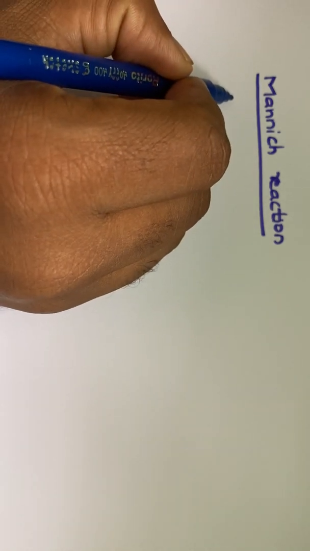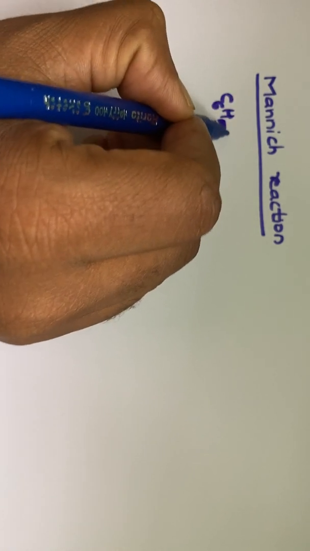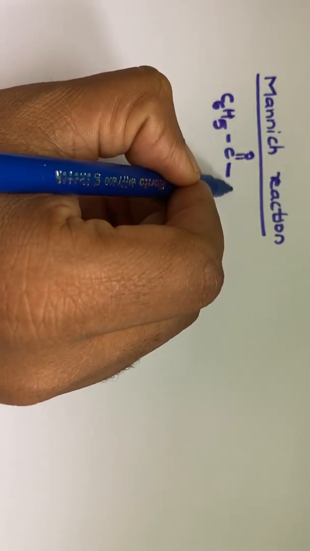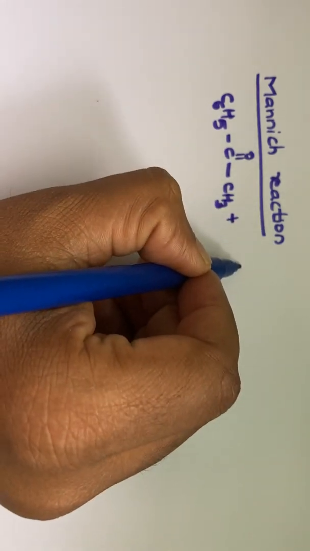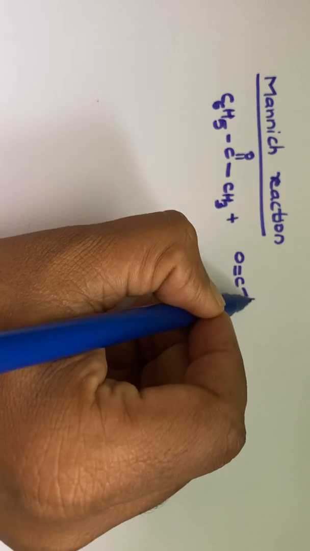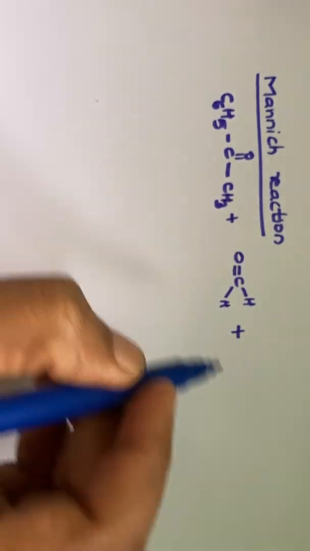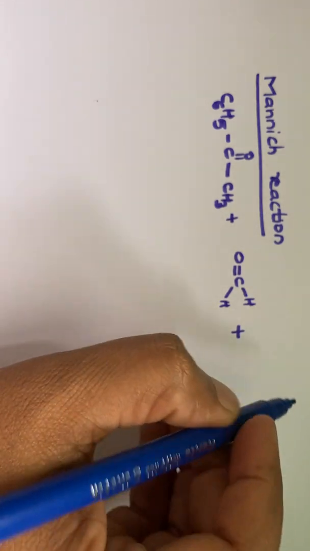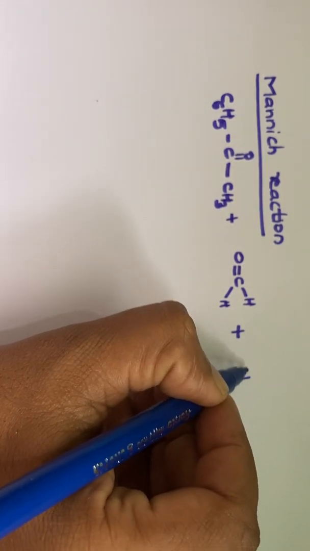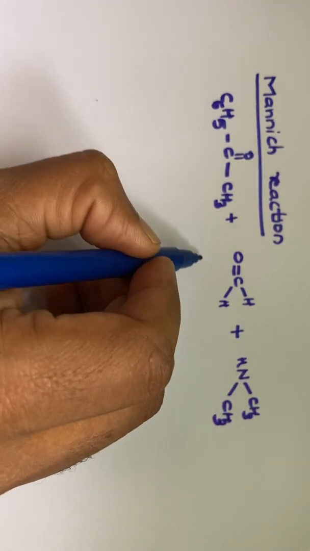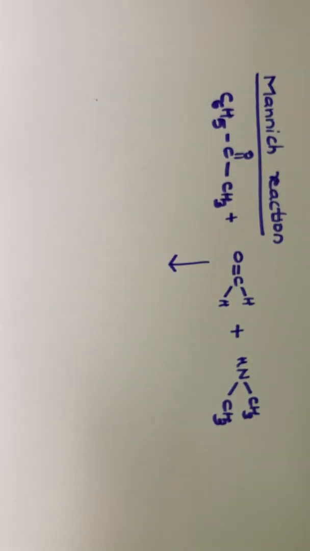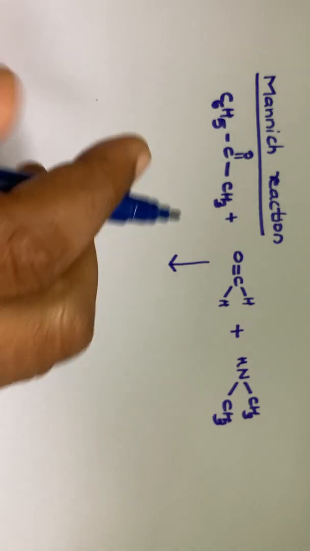So this is a reaction between aldehydes and ketones containing alpha hydrogen. Let's take an example of acetophenone, C6H5, C double bond O, CH3. This contains an alpha hydrogen, or an active hydrogen. When it is treated with formaldehyde and ammonia or amine, primary amine or secondary amine, write it as NH, CH3, condensation takes place, resulting in the formation of Mannich bases.